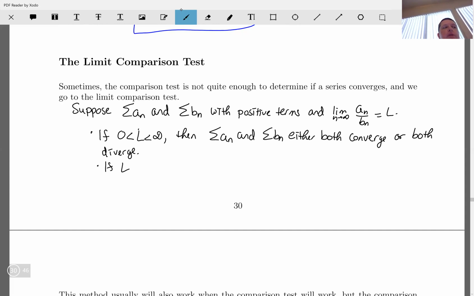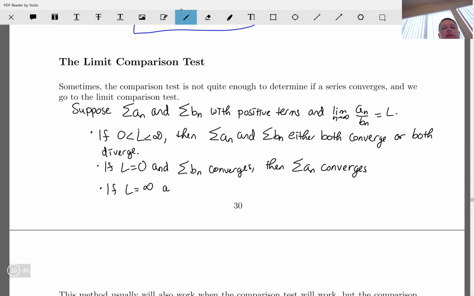If the limit is equal to 0, and we know that the series with b sub n converges, then we know that the series with a sub n converges. And if the limit is infinite and the series with b sub n diverges, then the series with a sub n diverges. And I think this is an awesome place to stop.